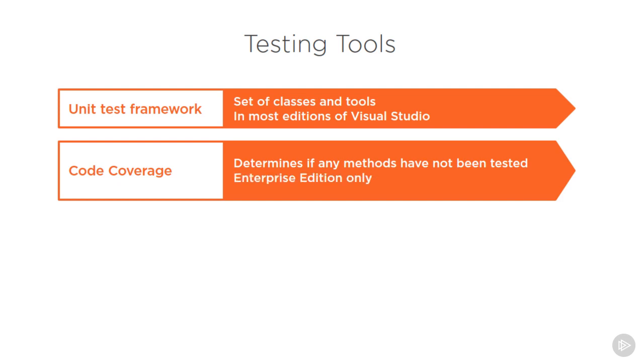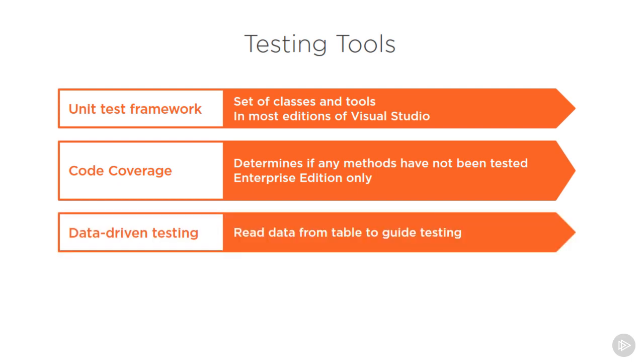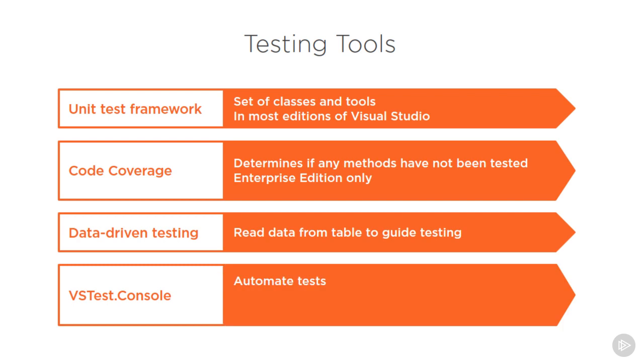This is available only in the Enterprise Edition. Data-driven testing. This is where we read data from a table to actually guide testing. We'll take a look at this. And the command line utility, vstest.console, that helps us automate the running of unit testing, maybe scheduling it with the task scheduler. And it also helps us log results, so we come back in the next morning and we can take a look at what happened.